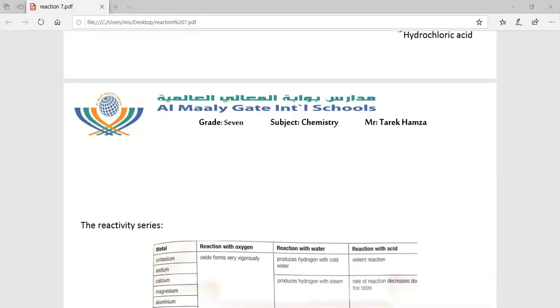This reactivity series is produced by studying the reaction of metals with three things: oxygen, water, and hydrochloric acid. So the arrangement of these metals comes from studying the reaction of metals with oxygen, water, and hydrochloric acid.